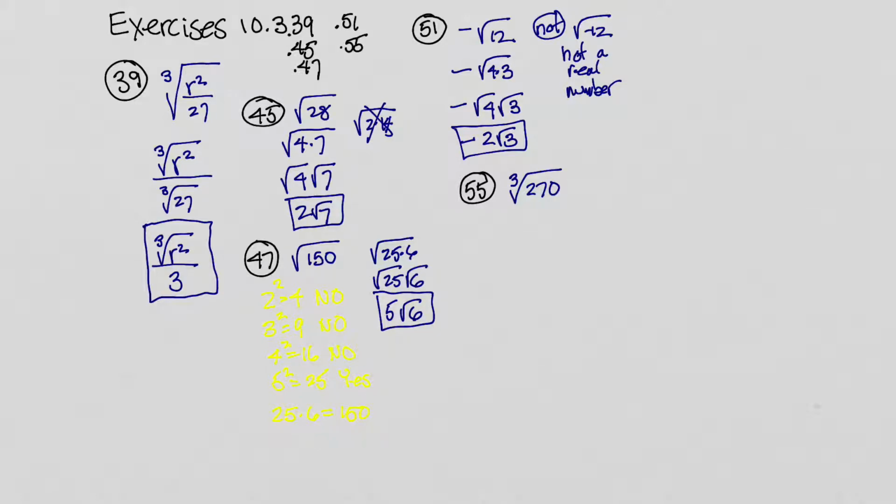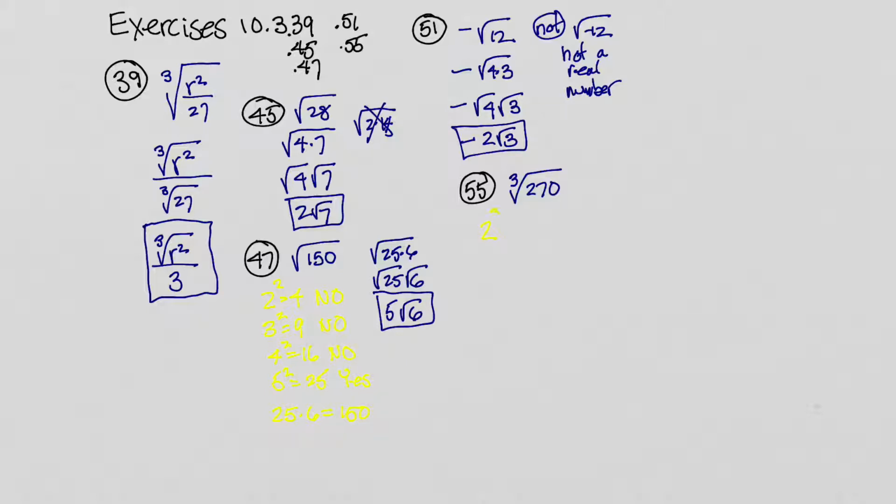Now here in number 55, again, we've got a pretty big number in here. Now we're looking for a cube root. So let's look kind of the way we did over here at 47. What I want to think about is what cubes do I know will go into this 270? Well, here's what I know. I know I'm not going to use 1 because 1 cubed is 1.